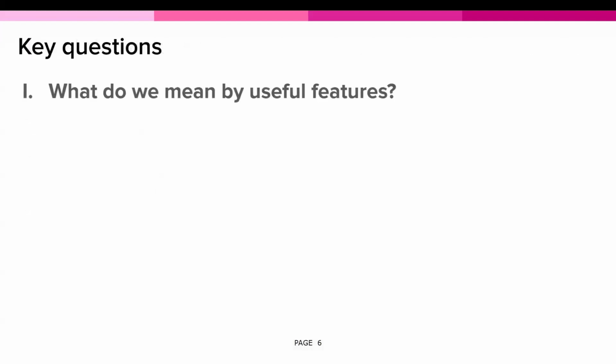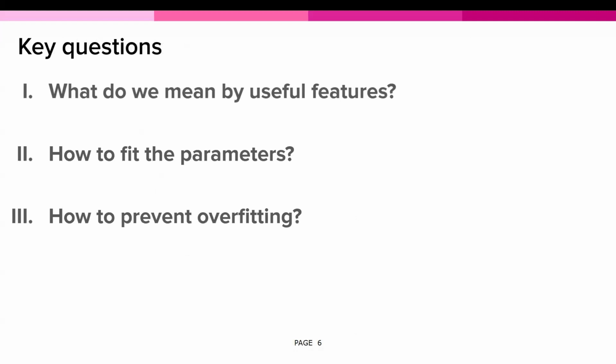And so today we're going to be talking about three key questions. The first is that we have to get a bit more specific on what is a useful feature. I said that it allows us to learn very general features. This is true, but there are certain restrictions that we need to take into account.